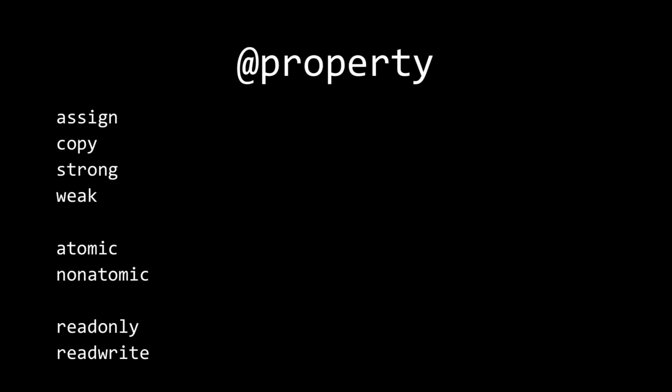then this is going to be the next example that we're going to want to use, but let's just look at the slide first. So property. This is going to be what we're going to use to enable us to use dot syntax. We can somewhat ignore a lot of these keywords for now. Assign, copy, strong, weak are things we're going to deal with next week.